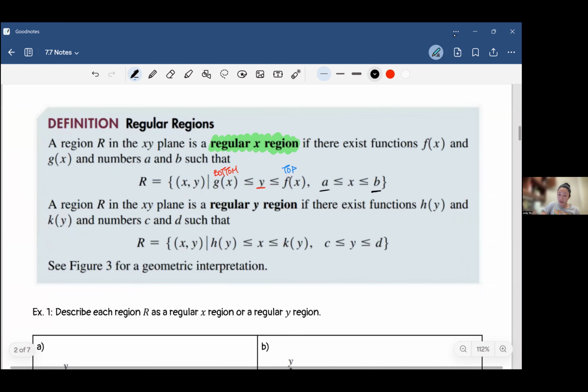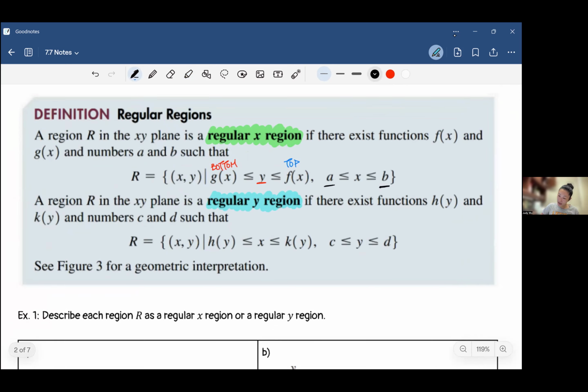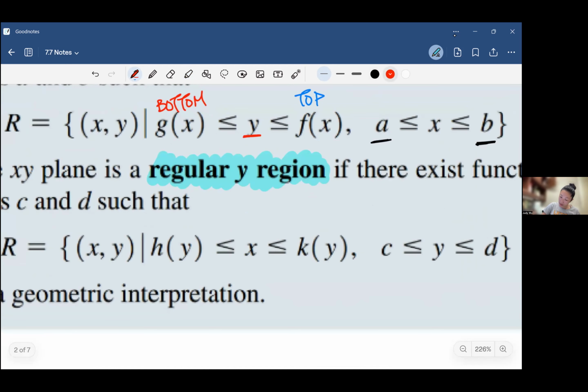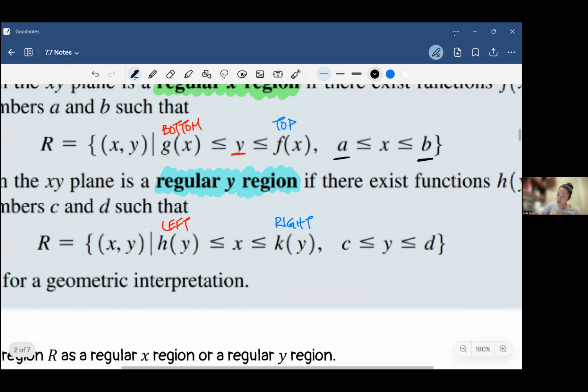Now, similarly, a region R in the xy plane is a regular y region if there exists two functions, h of y and k of y, such that we have a left function and a right function, and our y's are bounded by numbers.